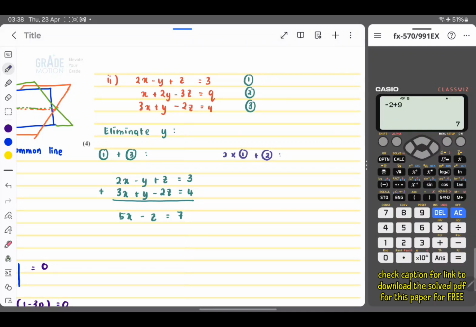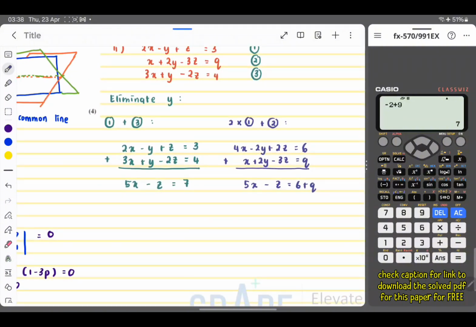So let's multiply 2 to the first equation and I will get 4x minus 2y plus 2z is equal to 6. And then equation 2, I'll get x plus 2y minus 3z equal to Q. I will add these two equations and I'll have 5x. The y will be eliminated. Minus z equal to 6 plus Q.